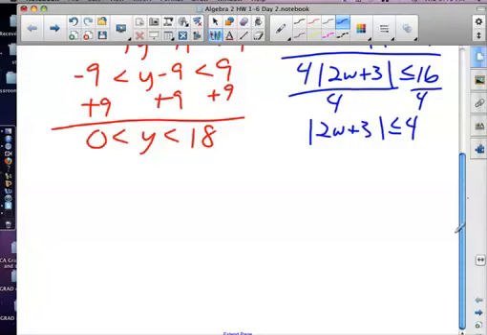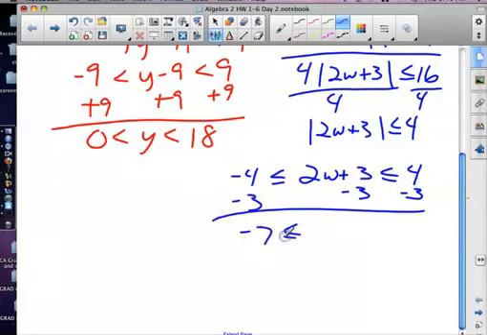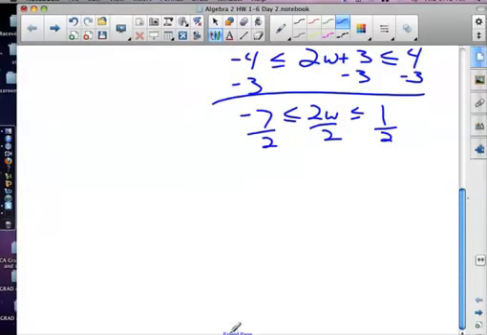Since this is less than or equal to, we are making an AND sandwich out of our 2w plus 3. It will go between negative 4 and 4. And then we'll subtract 3 all over the place. So negative 7 is less than or equal to 2w, which is less than or equal to 1. And then we'll divide all the pieces by 2, and that's a positive 2, so there's no need to flip any signs.